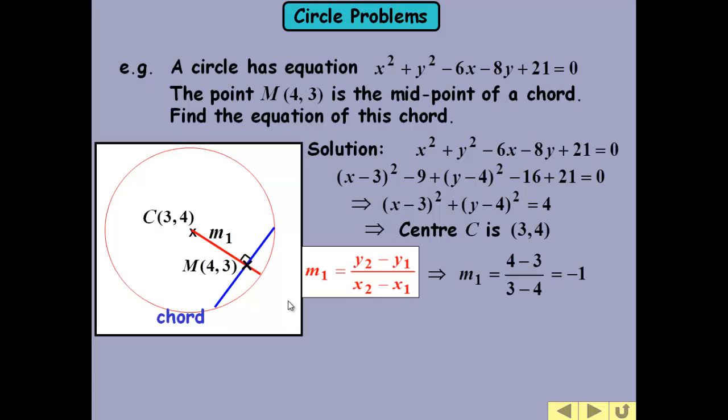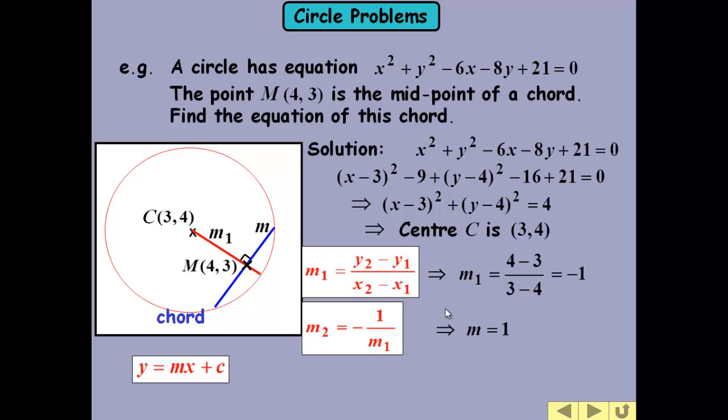And we get a gradient of -1. We're interested in finding the equation of the chord. So we need the gradient of the chord, which is the negative reciprocal of this gradient, which is of course 1, isn't it? So m is 1.